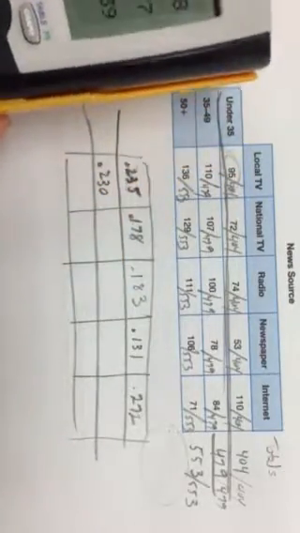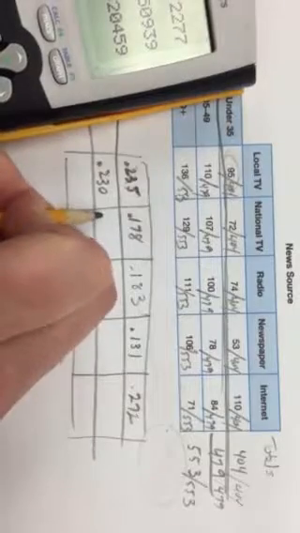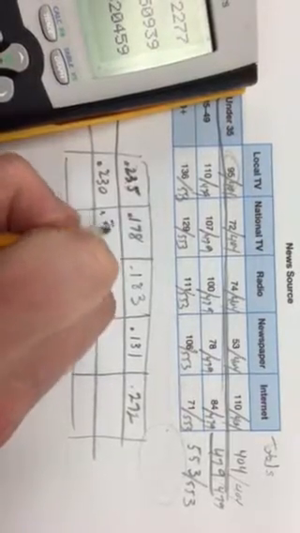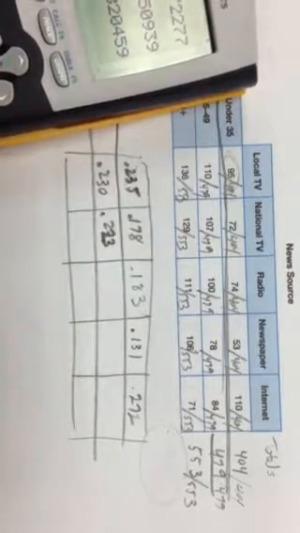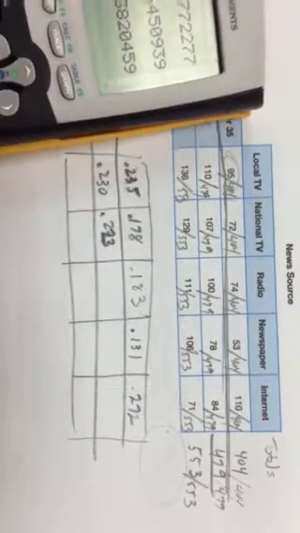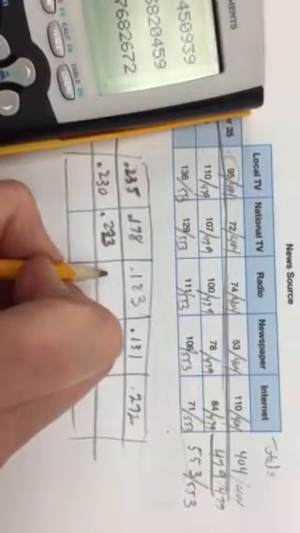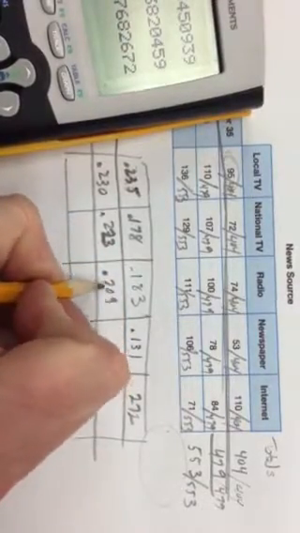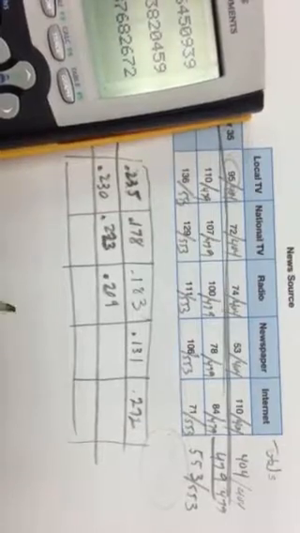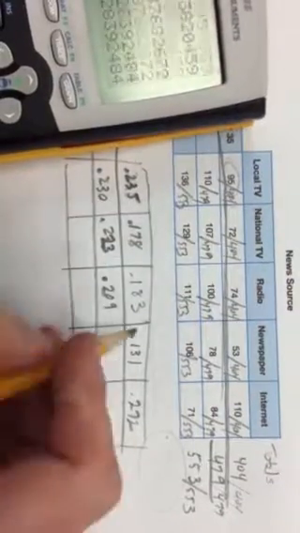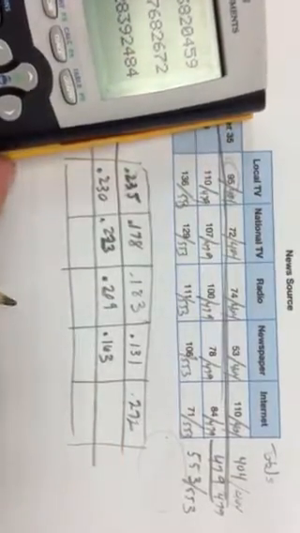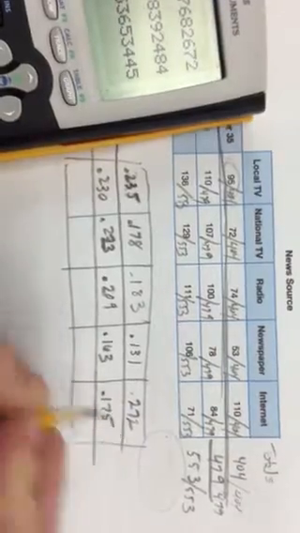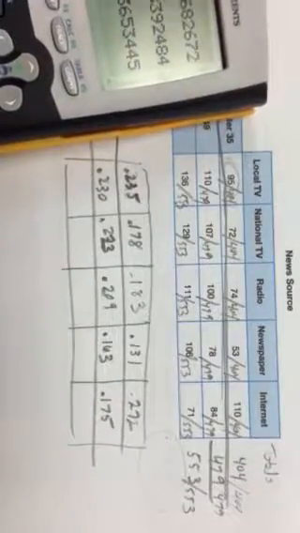107 divided by 479 is 0.223. 100 divided by 479, 0.209. 78 divided by 479 is 0.163. 84 divided by 479, 0.175. 136 divided by 553.